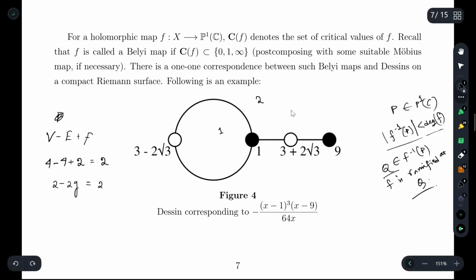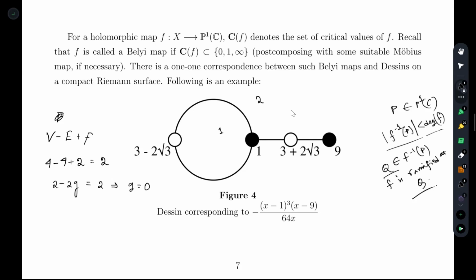So it equals 2 means that g equals 0. It is compatible with the genus of the Riemann sphere. So this can be drawn on the Riemann sphere. We can check in this way by computing the Euler Poincare characteristic of this diagram.